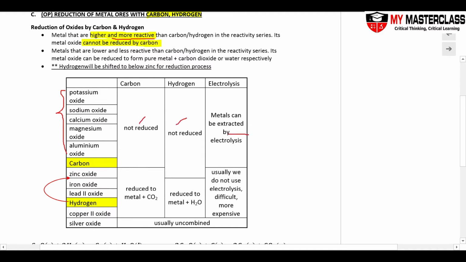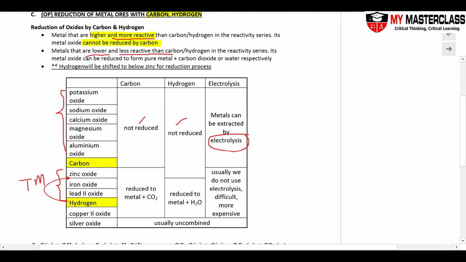I must pass electricity through them to extract pure potassium, pure sodium, pure calcium, pure magnesium, pure aluminium. Electrolysis is a chapter by itself before organic chem, and we will look at it in more detail when we get to that chapter. Then I have my transition metals. Transition metals are below carbon, so they are lower and less reactive than carbon in the reactivity series.